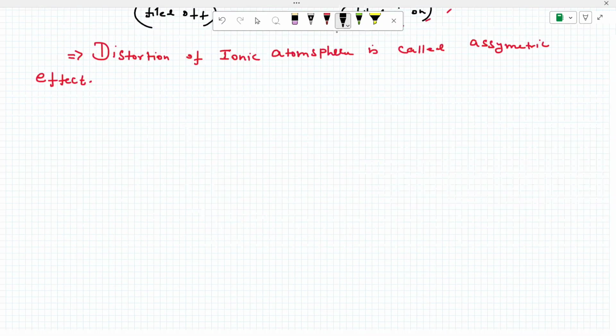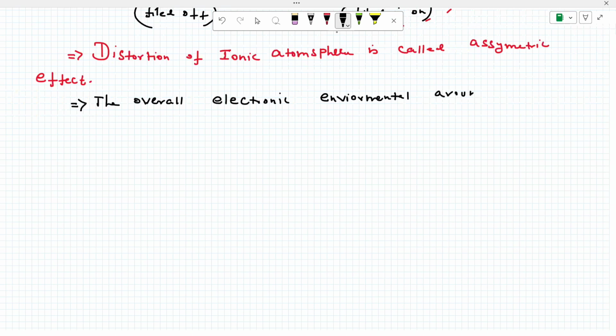Now see the points. Theory is important. The overall electronic environment around ions is called the ionic atmosphere.